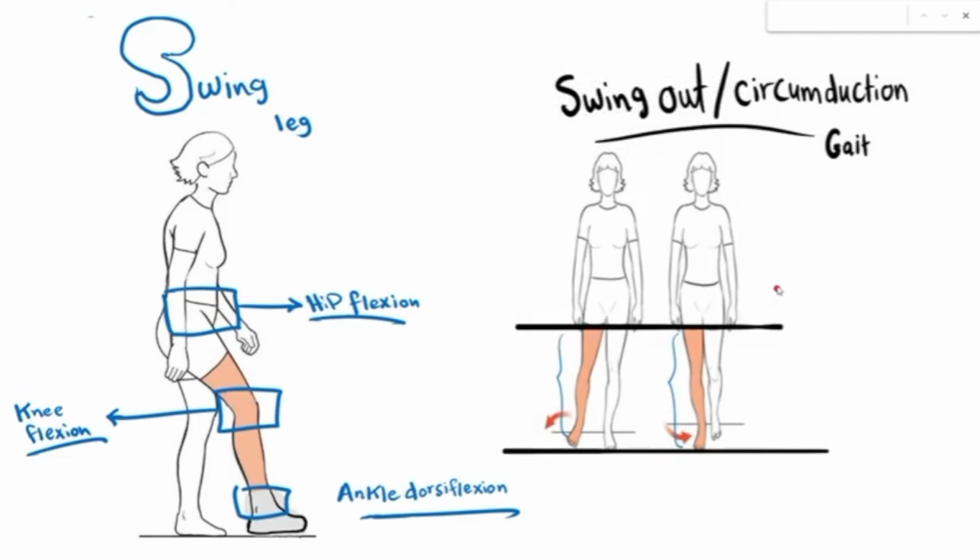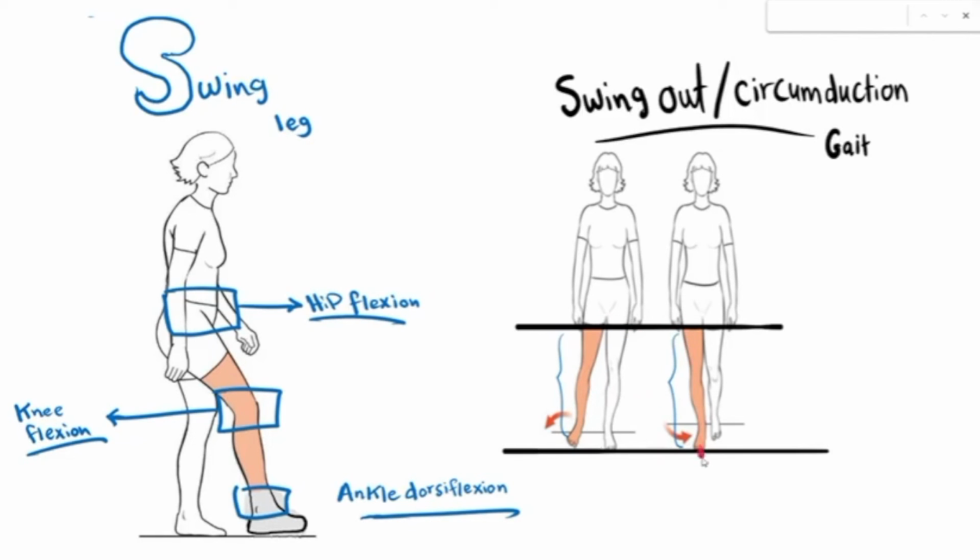And the last gait I'll be talking about is a simple one: the swinging out or circumduction gait. It is caused when there is a hip flexion weakness, for example of the iliacus muscle, and another type of muscle, the abductors, like the gluteus medius and minimus, come into action to work as hip flexors, basically to shorten the leg again, which is the main goal.